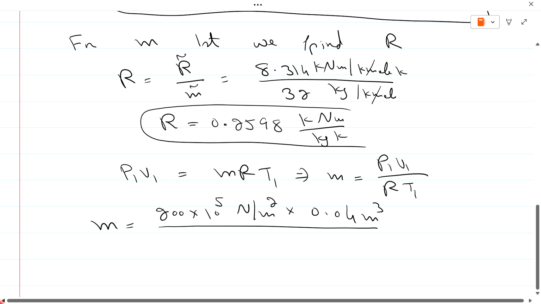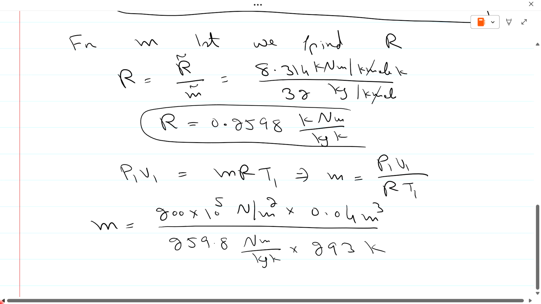The value of R is 0.2598 kilo, and multiplying by kilo, this will be 259.8 Newton meter per kilogram per Kelvin, and the value of T is 293 Kelvin.